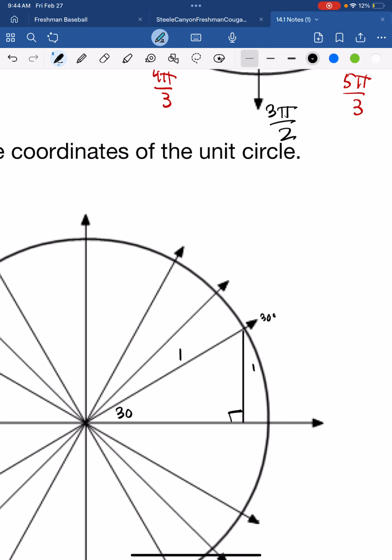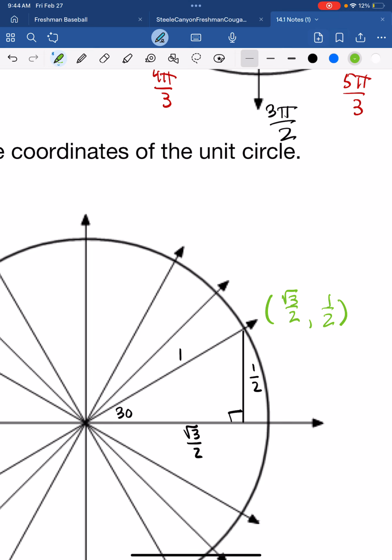Across from the 30 is 1/2, which makes this one root 3 over 2. If we were writing the coordinate point for this one, I'll write it in green. The way that you would write this is x comma y. My x coordinate is just this bottom one right here, so we get root 3 over 2, and my y is just my height, so that's going to be 1/2.